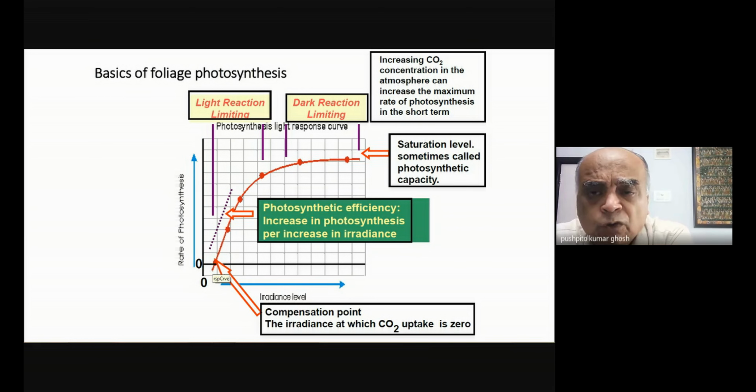When both of those are matched, I will have no net photosynthesis, no CO2 uptake, and so that will be my compensation point. After that, as I increase the amount of light which is falling, the irradiance level, my rate of photosynthesis will continue to go up.